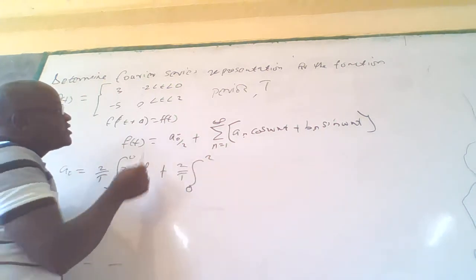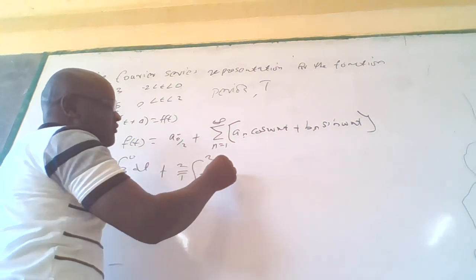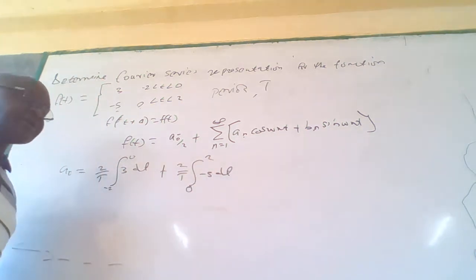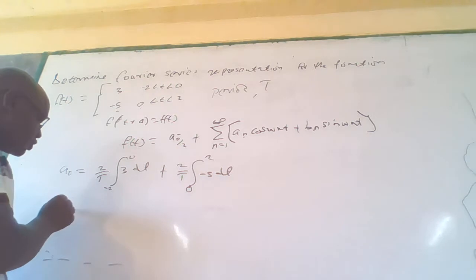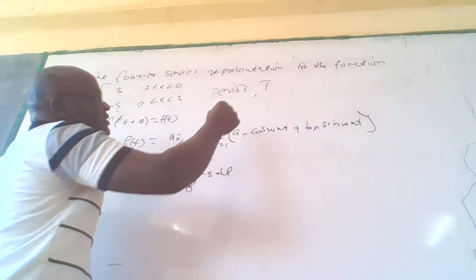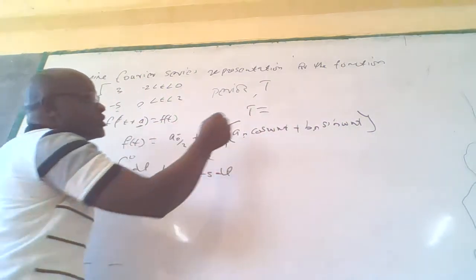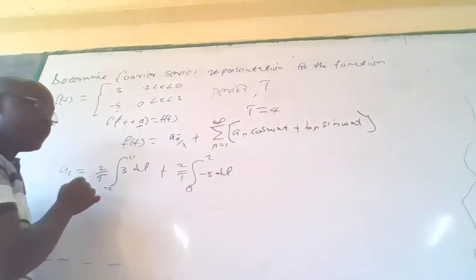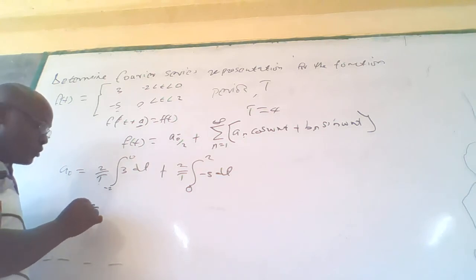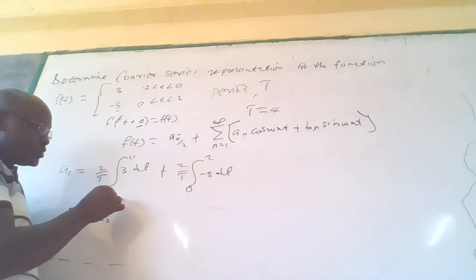But what is f of t? F of t is -5, and then dt. But what is T? The period equals 4. Therefore, here we have 2 over 4 from -2 to 0.